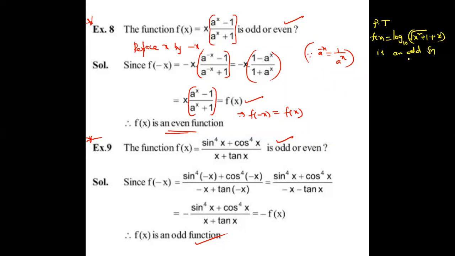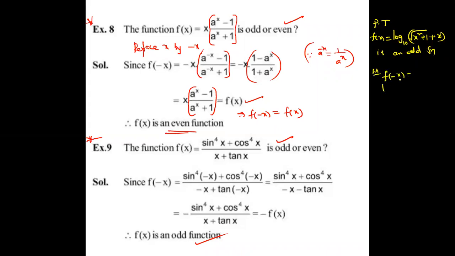How? Nothing. Directly replace x by minus x. What is the answer coming? Anyone? Square root of x square plus 1 minus x is coming.